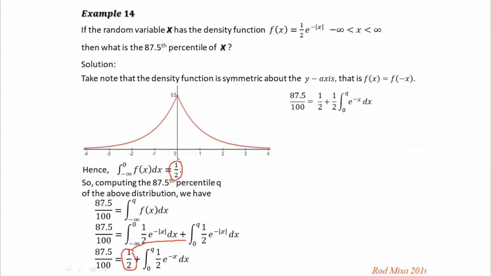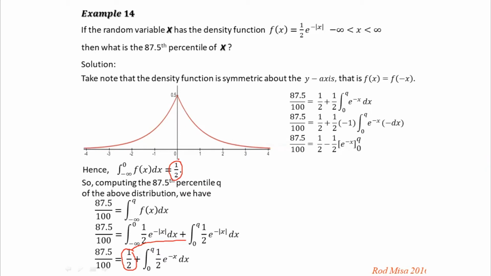And writing dx as negative dx, we need to multiply the whole integrand by -1 outside in order to neutralize our negative dx. So 87.5 over 100 is equal to 1/2 minus 1/2 of the integral of e to the power negative x times the negative dx, which is equal to e to the power negative x from 0 to q.